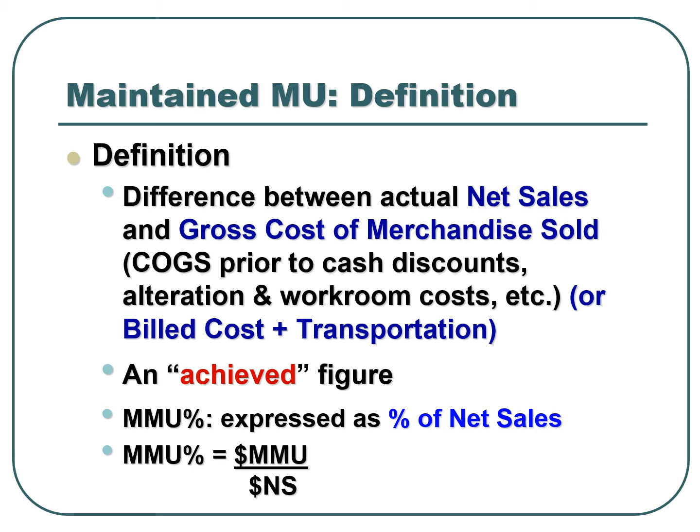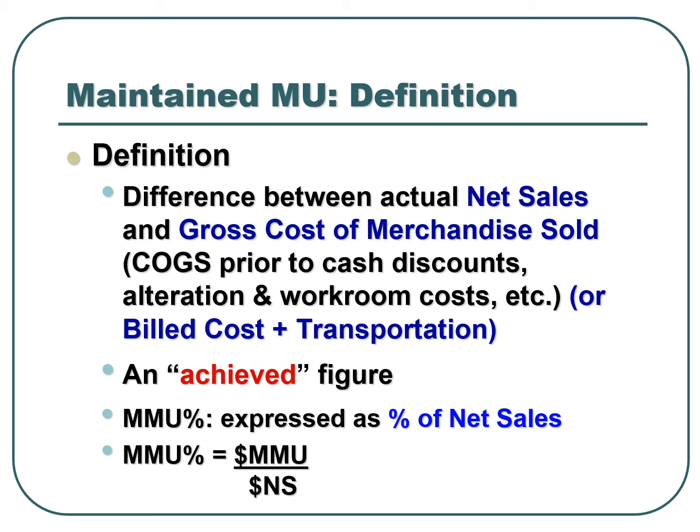So we are going to use this part of the cost as the gross cost of merchandise sold to calculate the maintain markup. And as I said already, maintain markup is the actual markup that we achieve. It's not a planned figure, but an achieved figure based on the actual net sales that have occurred, as well as the cost that we have already paid, build cost and transportation.